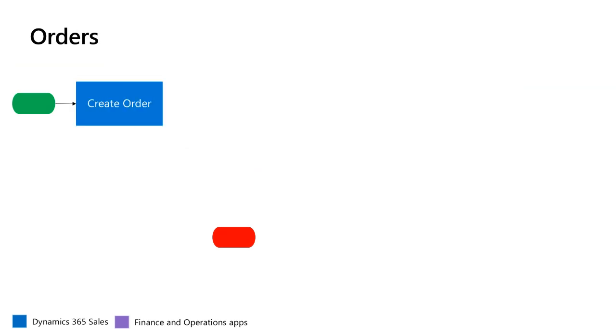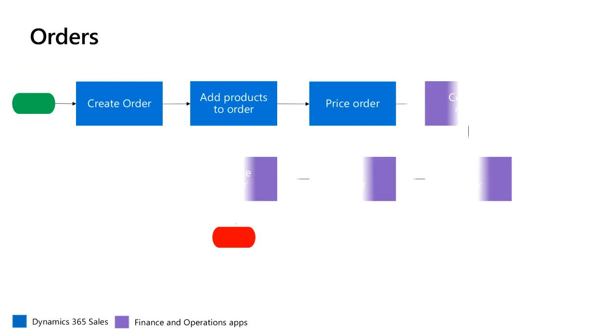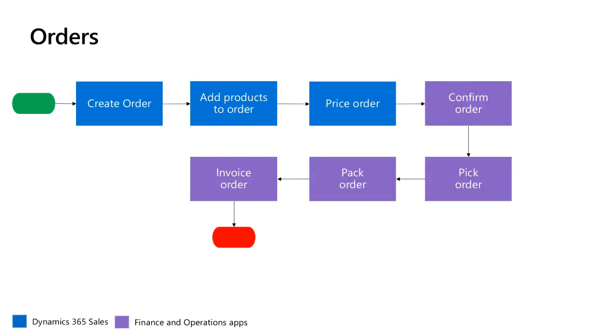From an order perspective, whether the order is being created from a quote or it's being created as a new order in sales, it starts off much the same as the quotation process, in that we're creating the order, adding products to the order, we're going to price the order, and really from that point on, once the order has been set up, confirmation, picking, packing, and invoicing is going to happen in supply chain management.